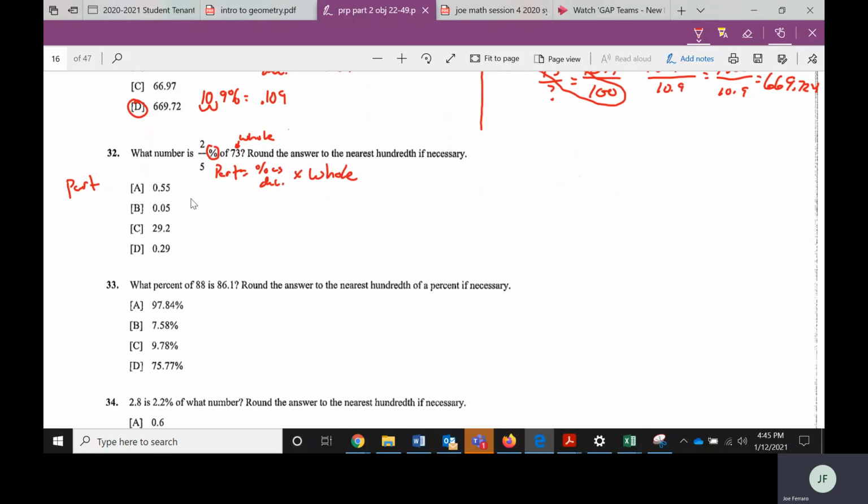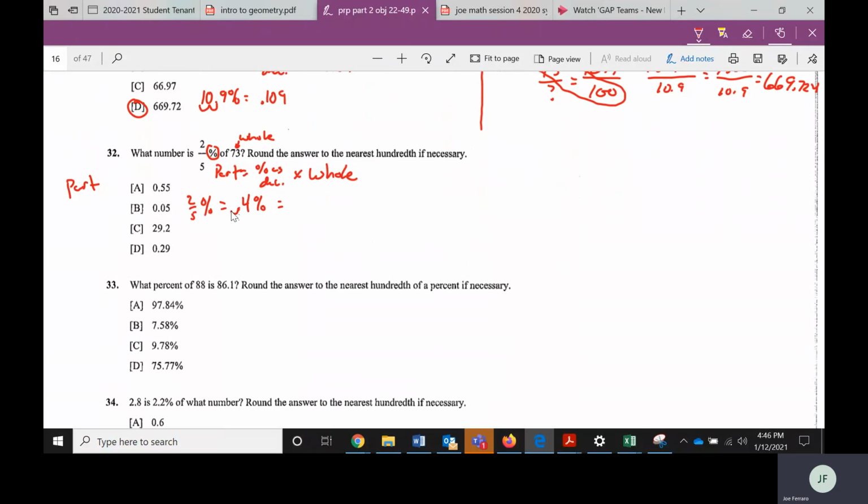So the next thing we have to do is this. This percent can be a little tricky. Could be confusion here. 2/5%. So first of all, I'm going to turn just the percent part, instead of using a fraction, into a decimal. Anytime you want to change a fraction to a decimal, you take the top divided by the bottom. So it's 0.4. But the key here is that's still a percent. Now we need to change this to a decimal.